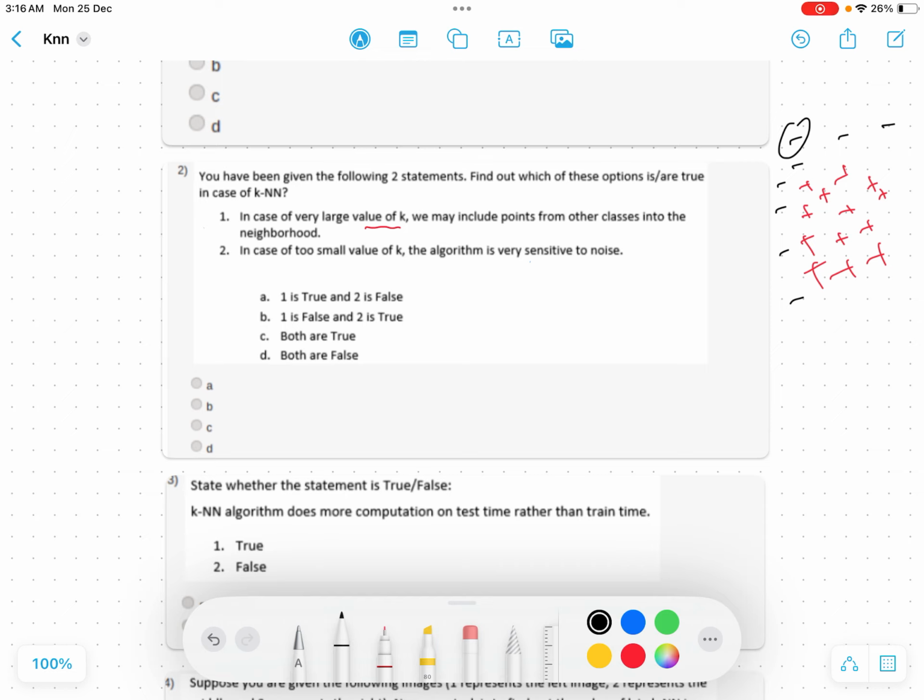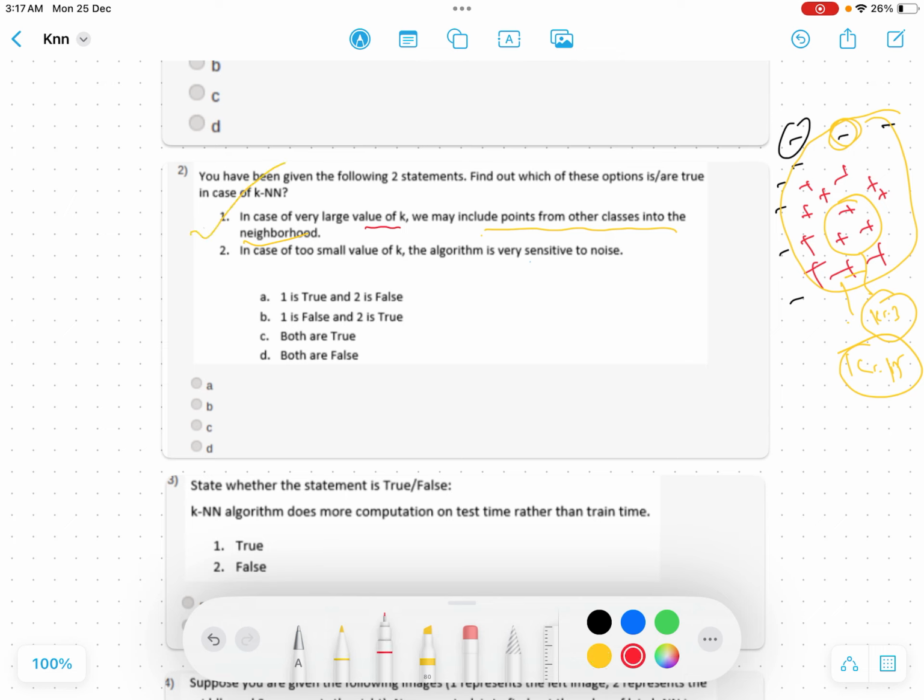You can take a few neighbors, so for this k is equal to 3. And if you take a larger neighborhood, maybe k is equal to 15 here, then it may happen that points from other classes are included in the neighborhood. So points of other classes are getting included in this neighborhood. So that is a correct statement.